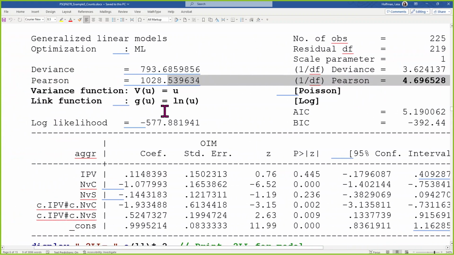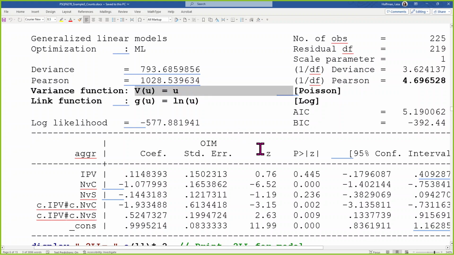It tries to help you by saying, what is my variance function? V of mu equals mu. That's Stata speak for the mean and the variance are the same because this is Poisson. Likewise, link function g of mu is ln mu, which means natural log. So in some software it's ln for natural log, and in some it's log. Just got to look at the documentation to see.